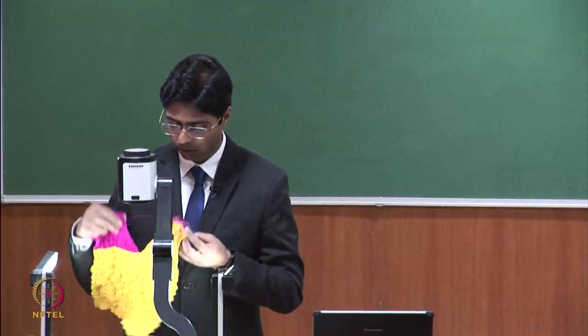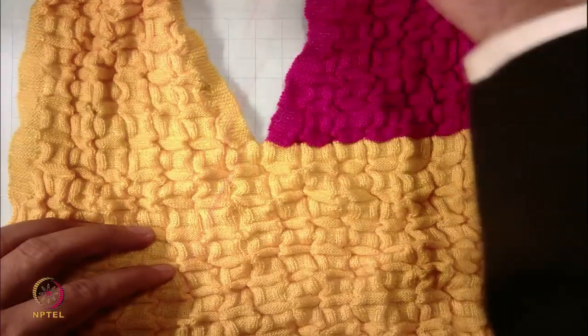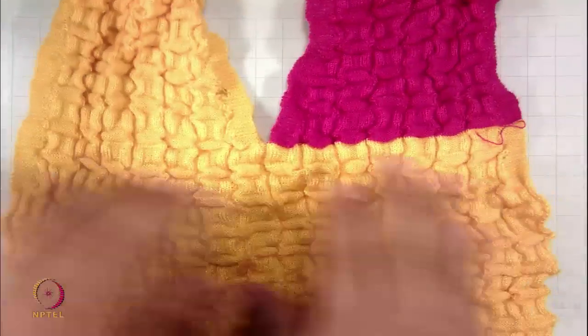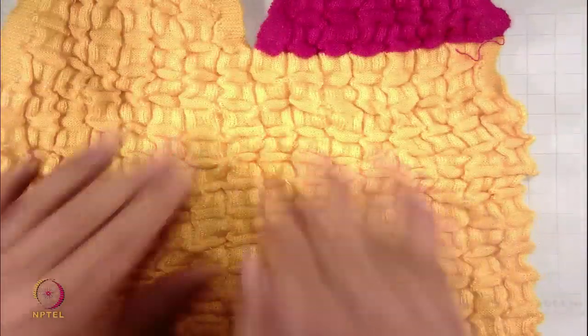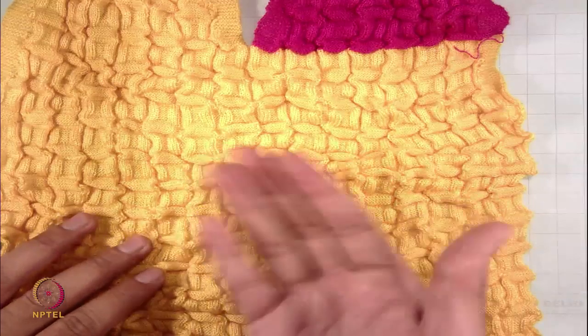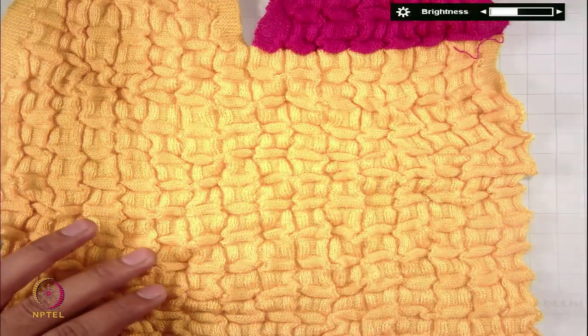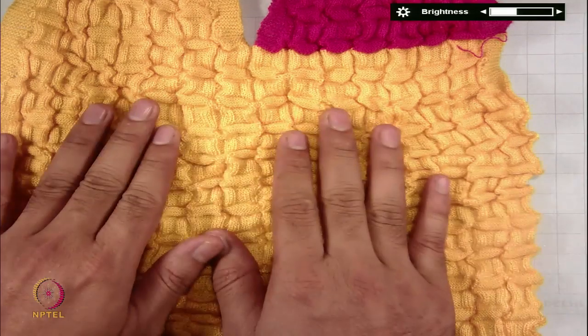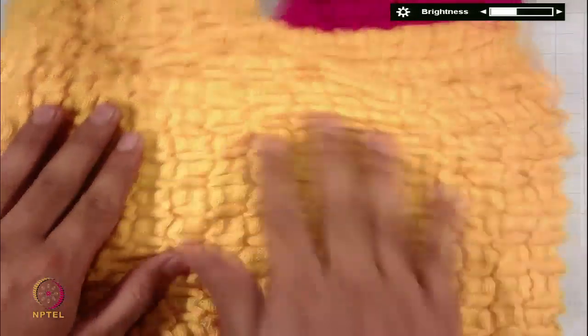I have another sample of narrowing and widening with link design. You can see the fabric, just now I told you about a bulging effect. This is not the bulging effect, but you can see some kind of 3D projection on the loop surface. This is developed by link design.